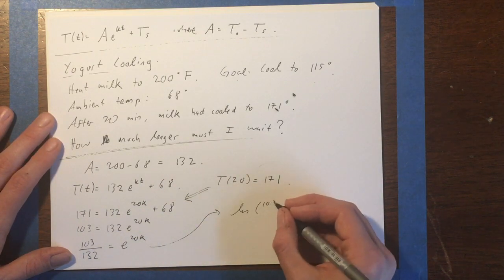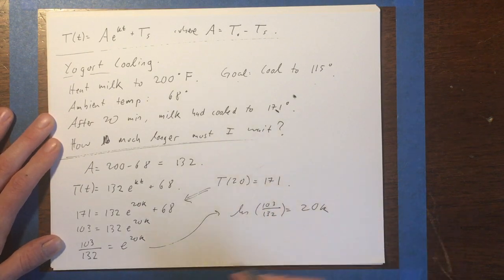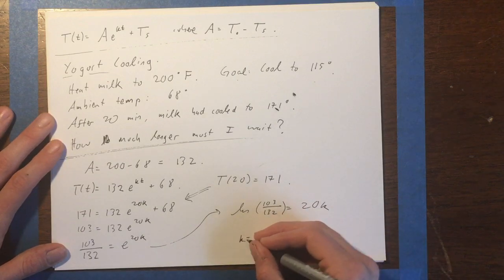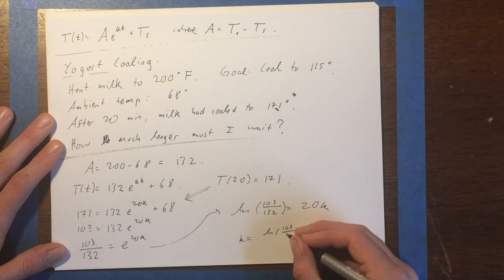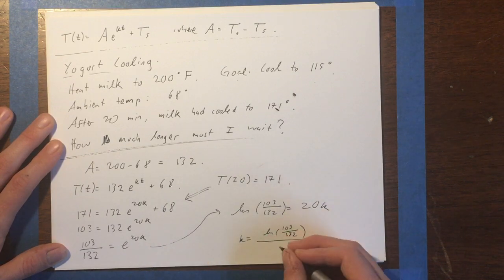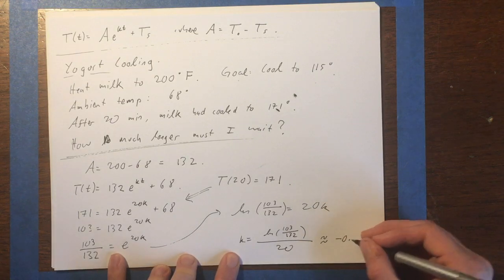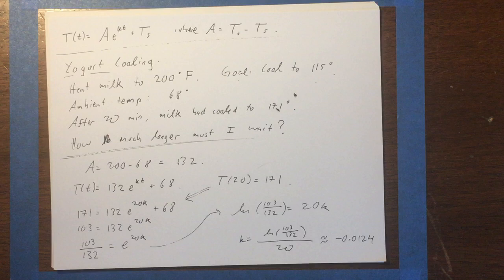Natural log of 103 over 132 will be just 20k, because the natural log will cancel out the natural exponential. Then you divide by 20. So k is the natural log of 103 divided by 132, and then all of that divided by 20, and that is approximately negative 0.0124. So we have a k value.